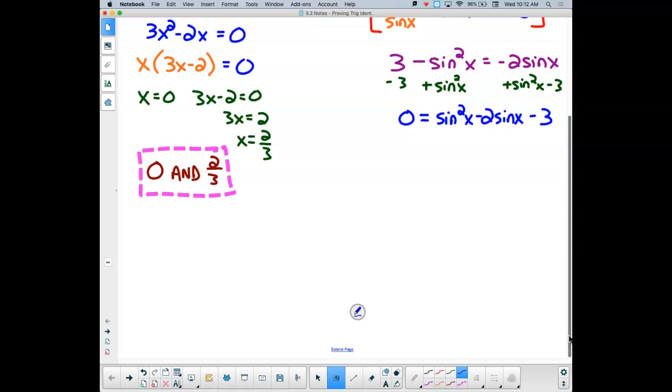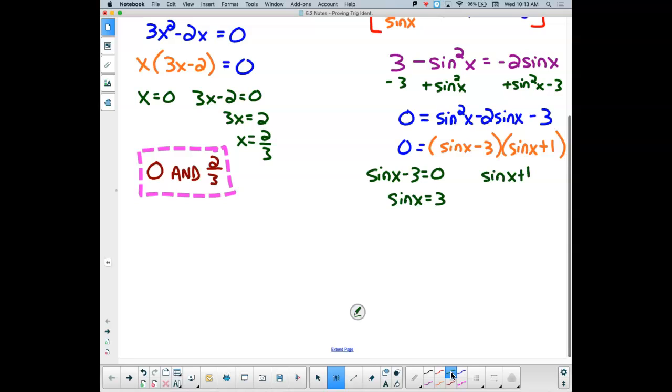Then I have to factor: sine of x minus 3 times sine of x plus 1. Set each of those factors equal to 0. Sine of x minus 3 equals 0, so the sine of x equals 3.